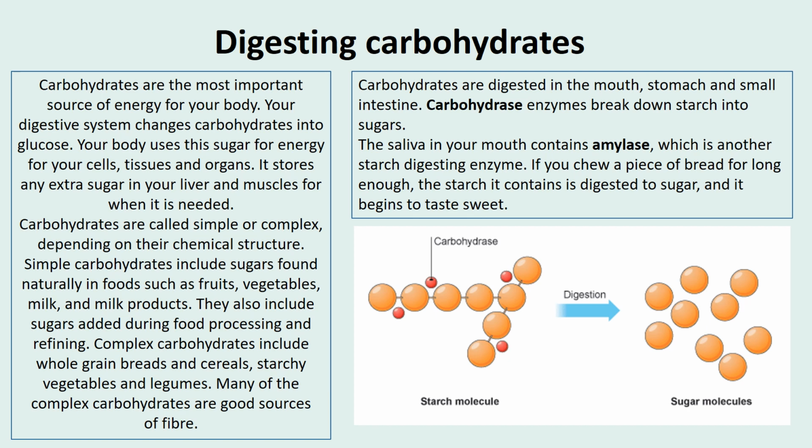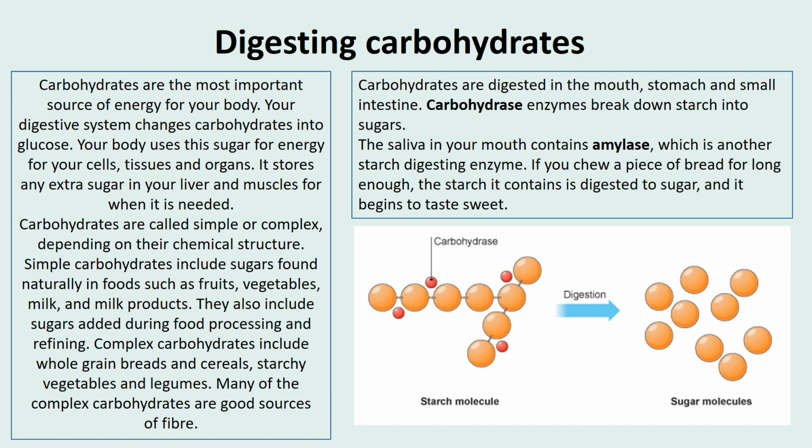Okay. Now, I'm not going to read out everything that is on the slide, so you might want to pause this at the end and then fill in your table for the second column, which is carbohydrates.